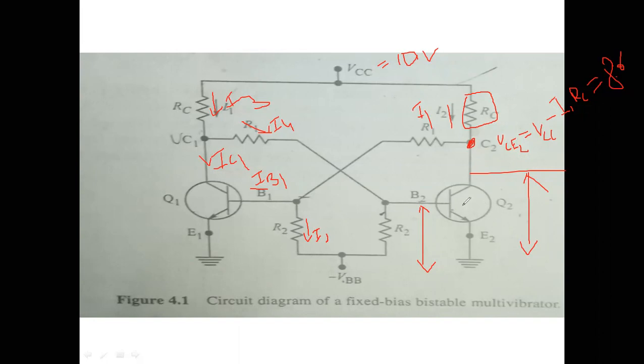Now you want to find the VBE2. If we apply KVL here, the drop across this branch plus this voltage is the total voltage.